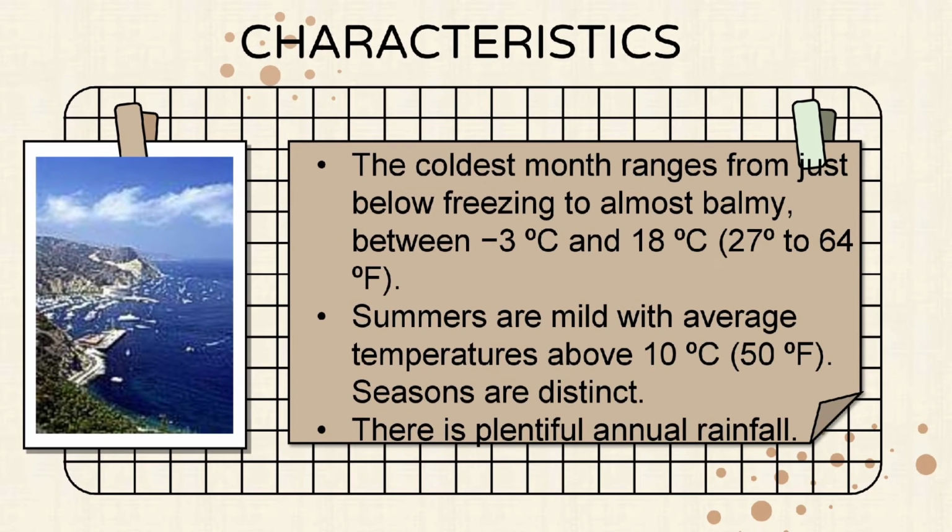So, the characteristics of this climate: the first one is the coldest month ranges from just below freezing to mildly balmy, between -3 degrees Celsius and 18 degrees Celsius, or 27 degrees Fahrenheit up to 64 degrees Fahrenheit.